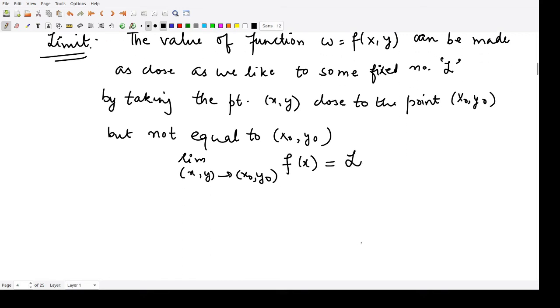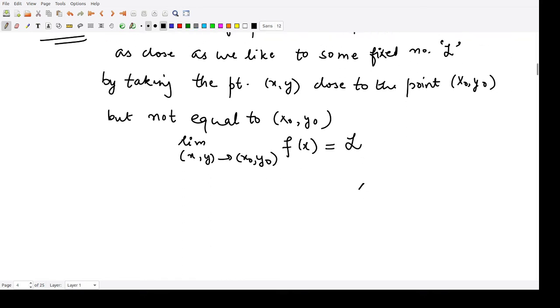Graphically, suppose this is your x-axis, this is y-axis, and this is the axis representing the function's value, f of x comma y. We have some point here, this is x naught, this is y naught, so the point would be x naught comma y naught.